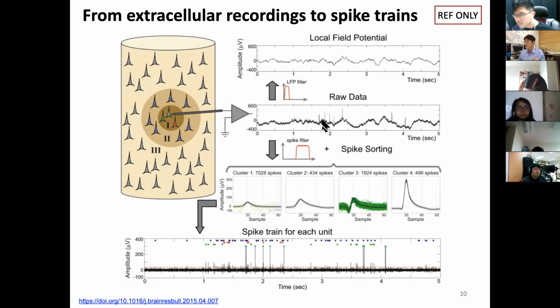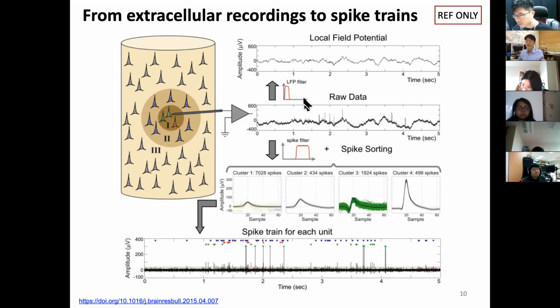And you can see this recording and reference electrode and amplifier, and then you have raw data. So as I said, you can see a local field potential by low pass filtering.